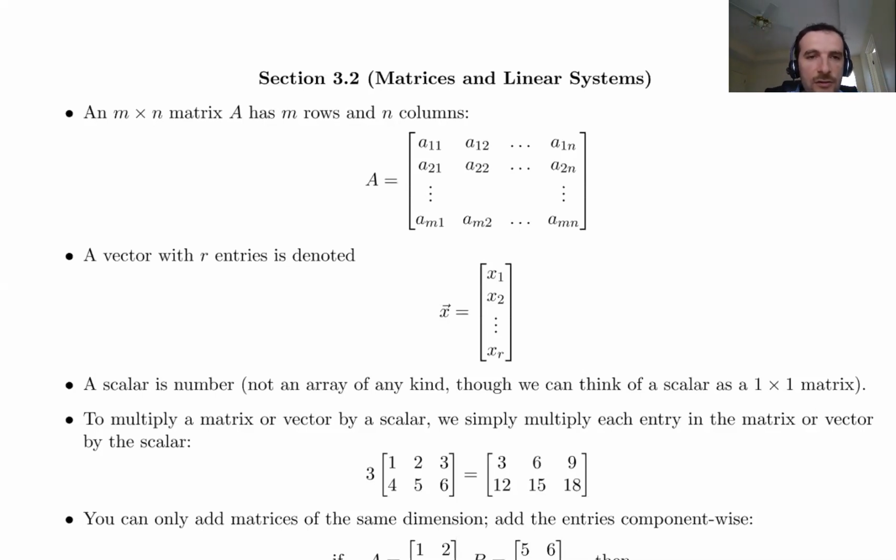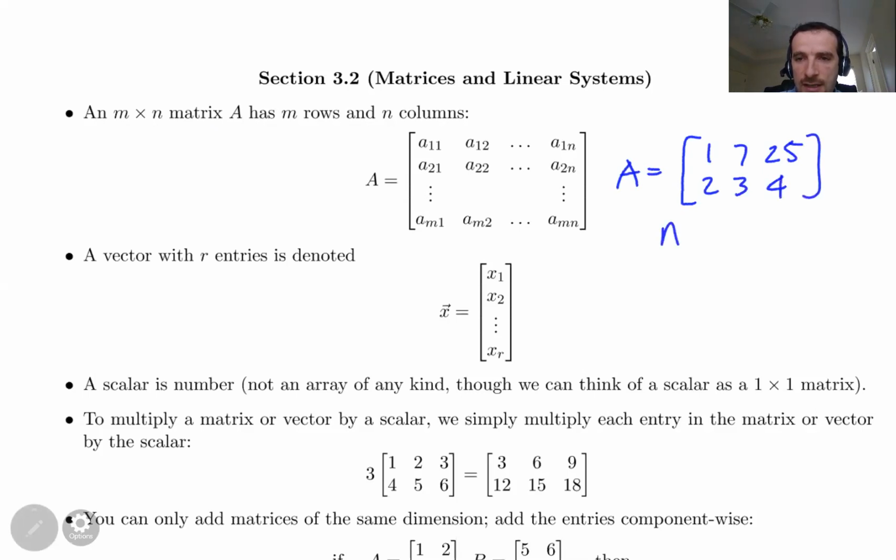So first of all, what's a matrix? We describe matrices by two numbers, like 3 by 2. An m by n matrix A has m rows and n columns, okay? For example, I can write A as 1, 7, 2 in the first row and 5, 3, 4 in the second row.